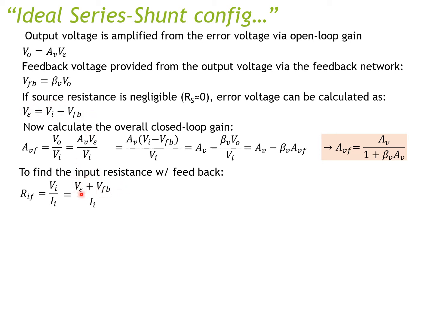So error voltage plus feedback voltage over input current. Replace the feedback voltage with beta V naught.